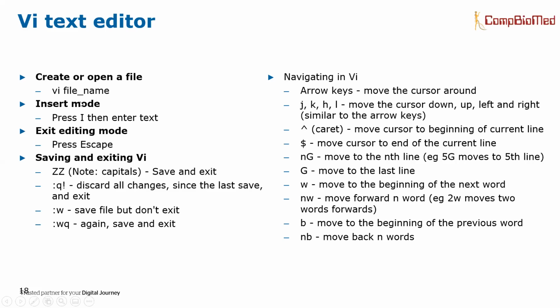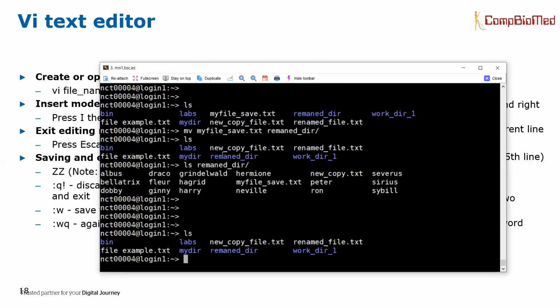And you have actually two modes. You have an insert mode. So I will show you directly how to do that. Let's say I want to edit the file that is given here, a new copy of this file.